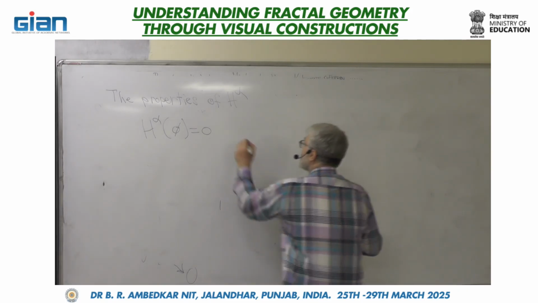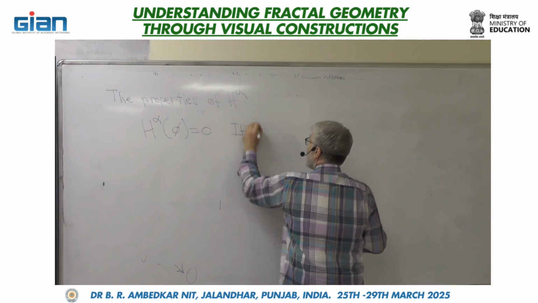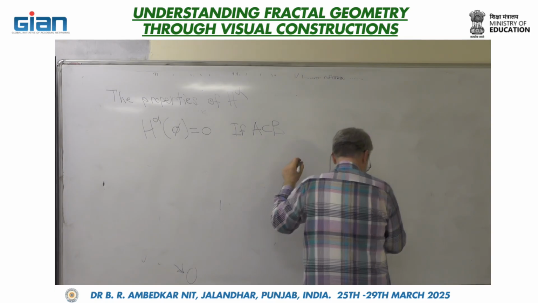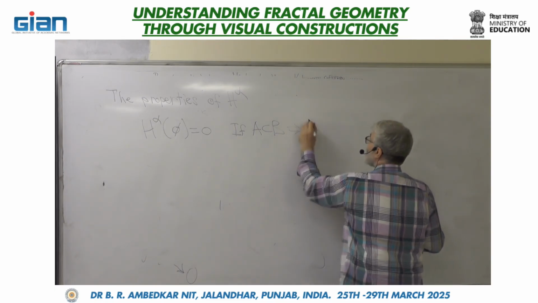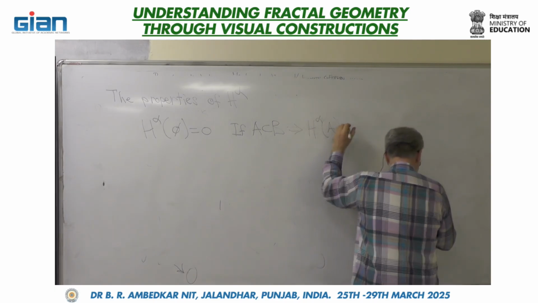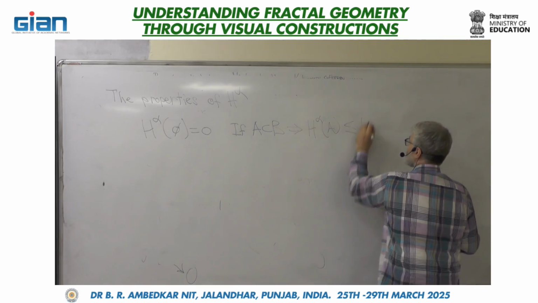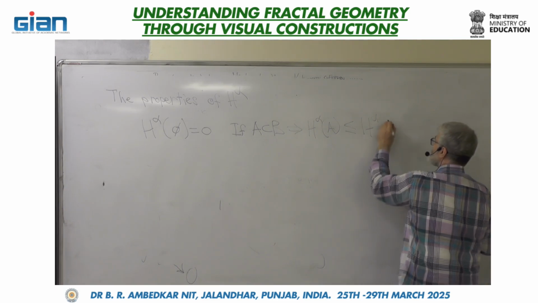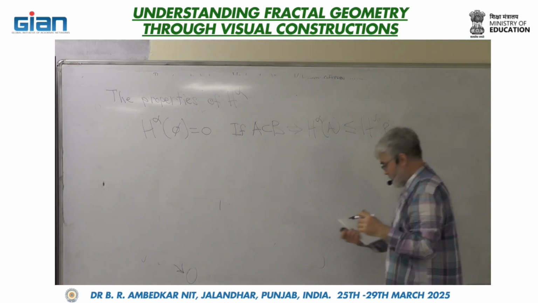Then, if A is contained in B, then the alpha dimension measure of A is less than or equal to the alpha dimension measure of B, right?